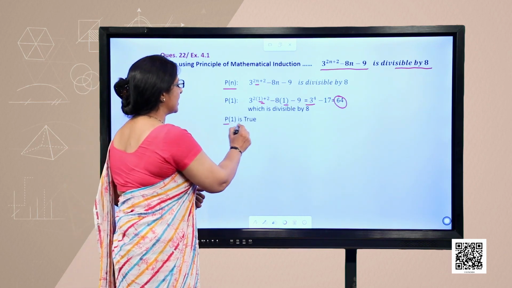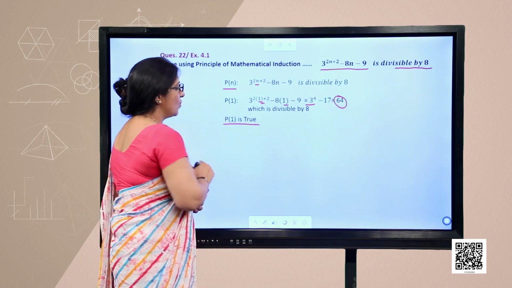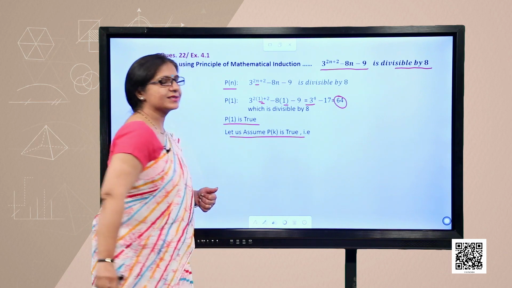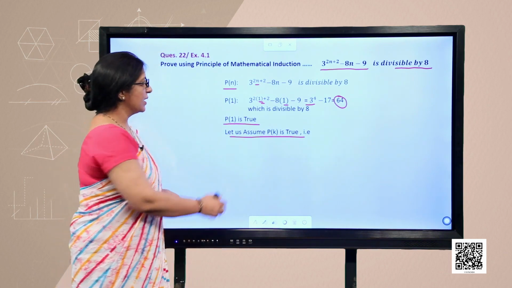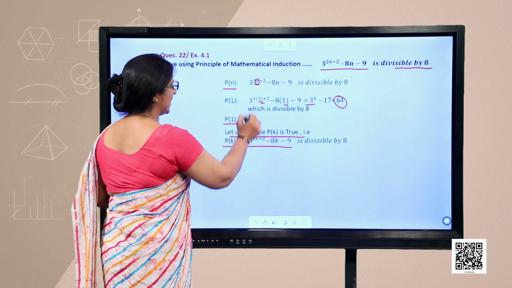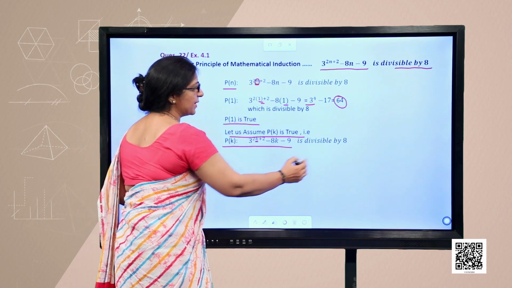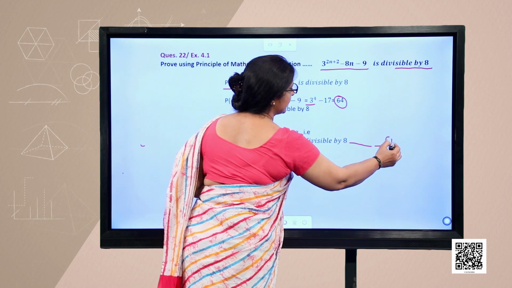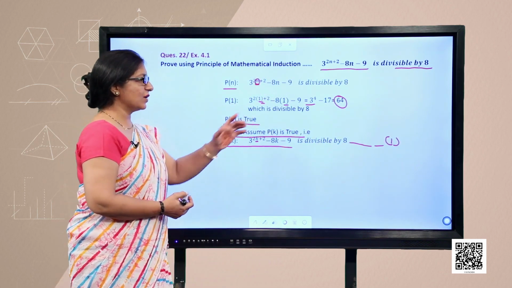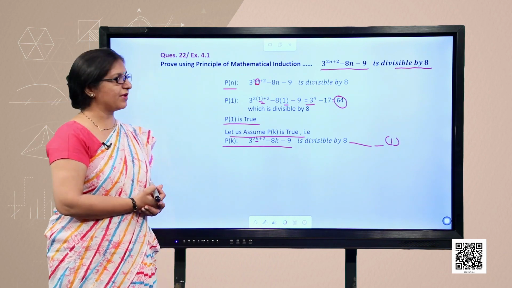So, P1 is true. Now, what we need to do is assume that Pk is true. And what is Pk? Writing the statement Pk by replacing n by k. This is the statement, and we will consider this statement to be equation number 1, because we will be using it further.